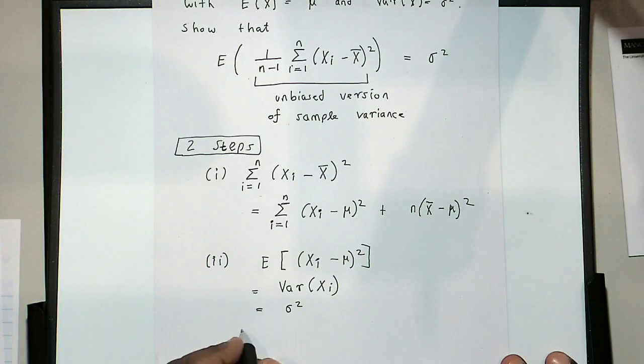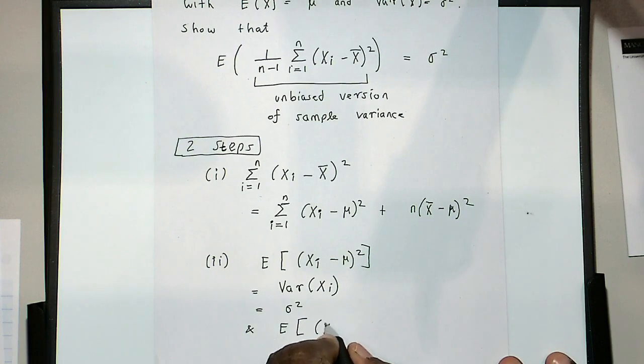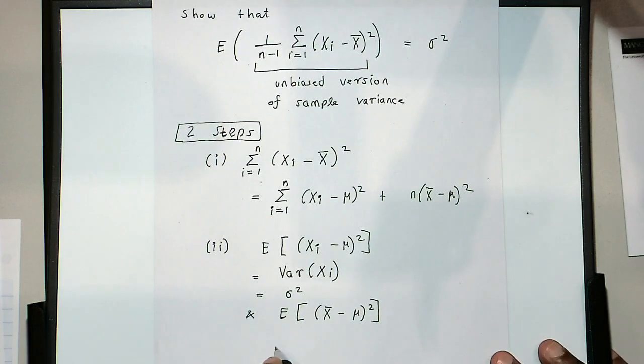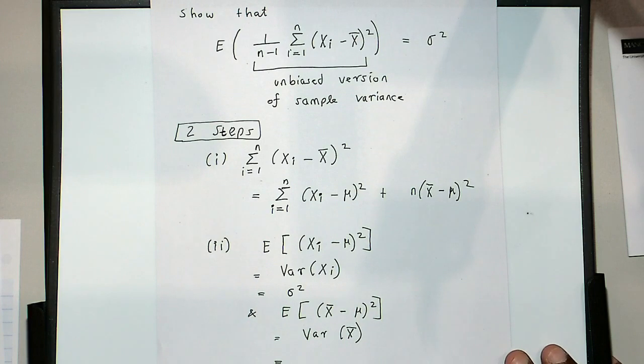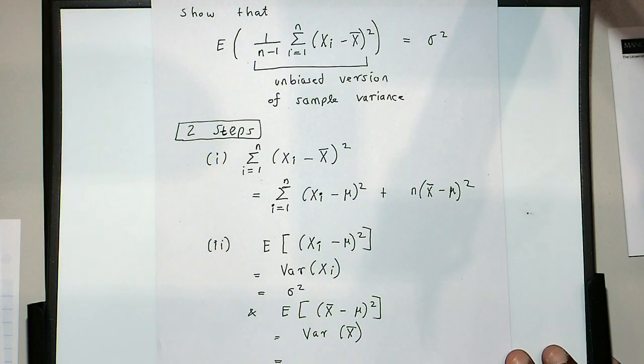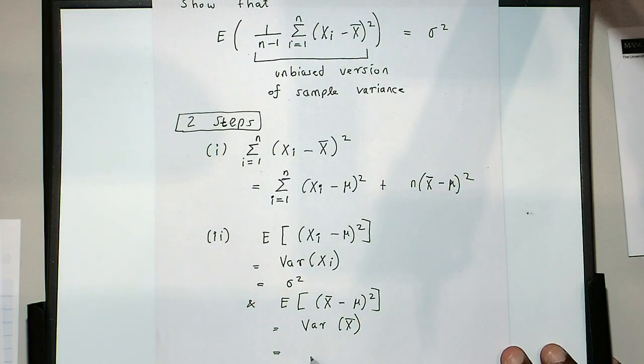And the expected value of x bar minus mu squared is by definition the variance of x bar. You may remember from last Friday I showed you that the variance of x bar is equal to what? Do you guys remember? What did I show it was equal to? Sigma squared over n.